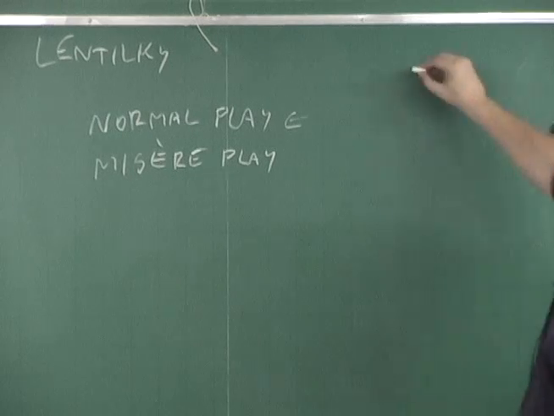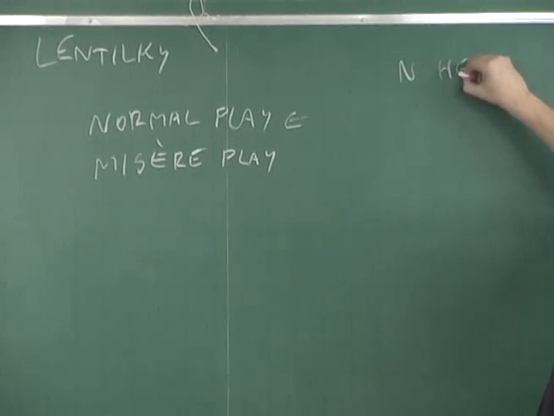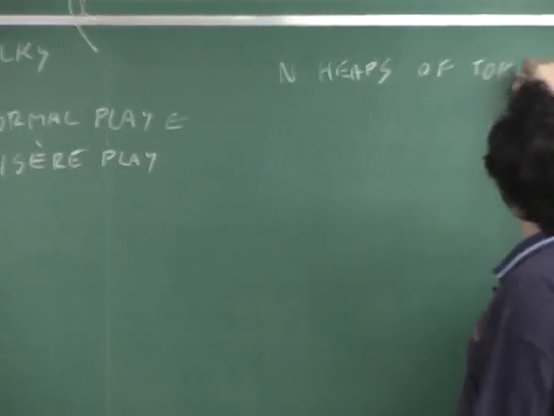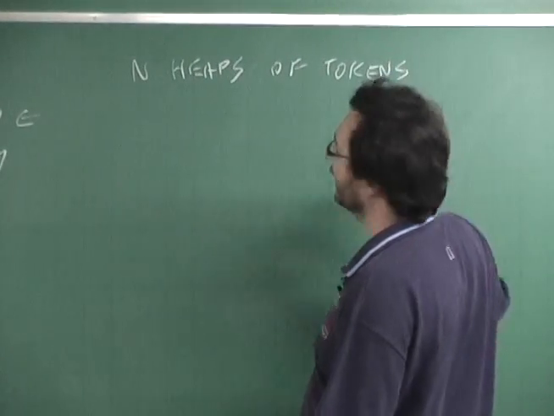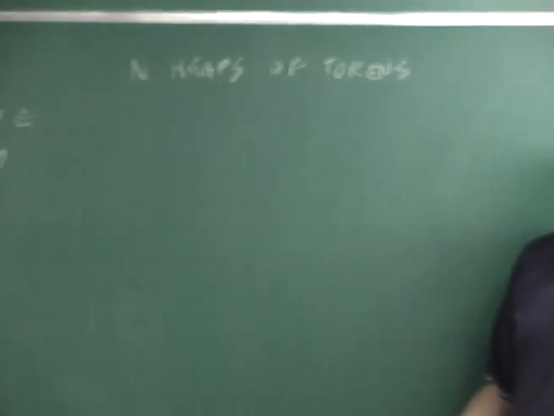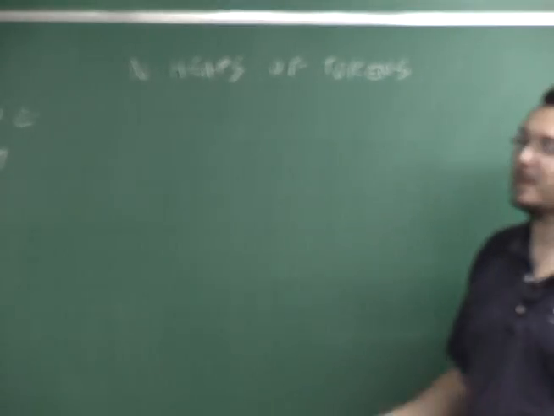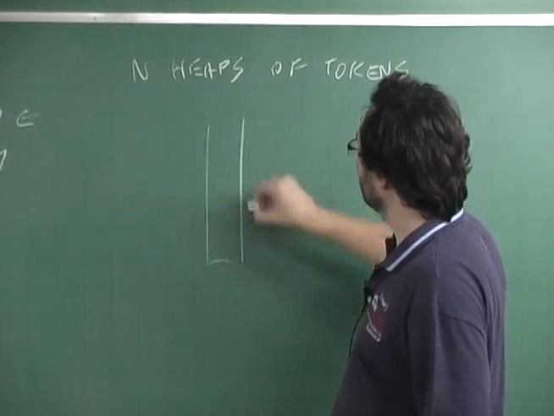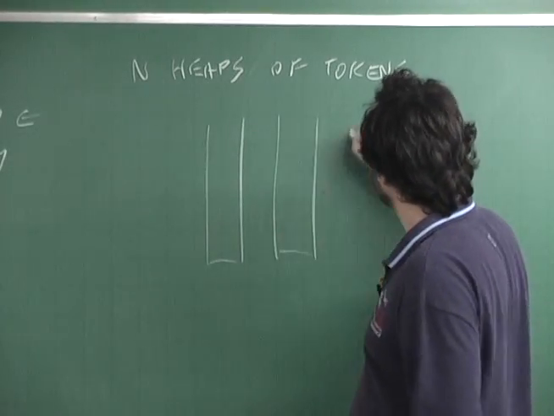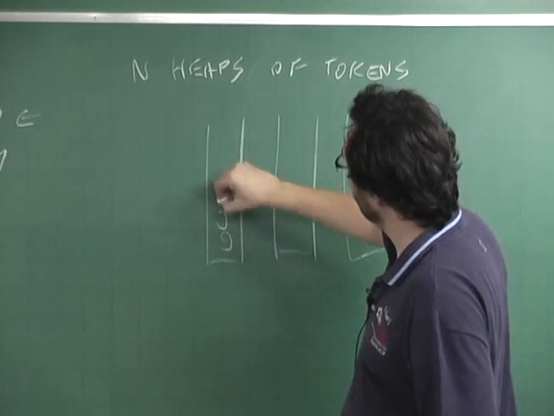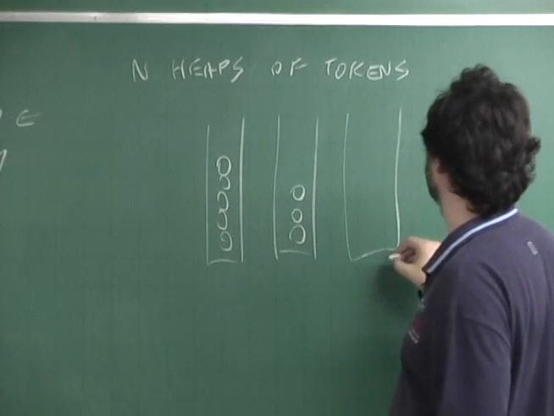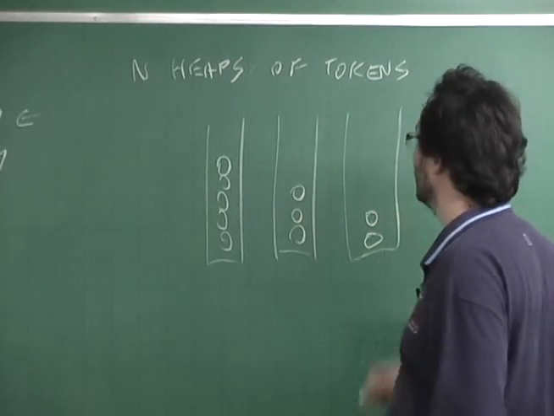So what we have are n heaps of tokens. For example, the game can be played with candies, matches, or anything. The heaps can have different sizes. So we have 5 items here, 3 items here, and 2 more items here.